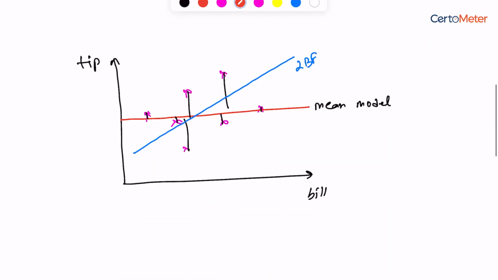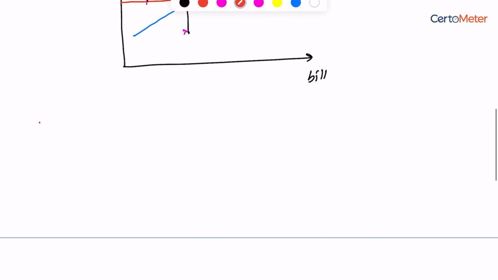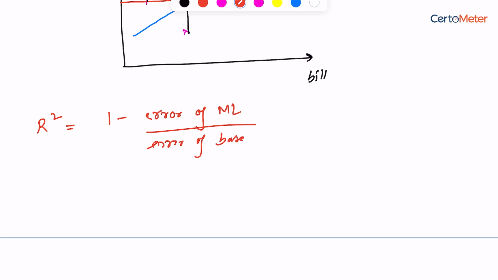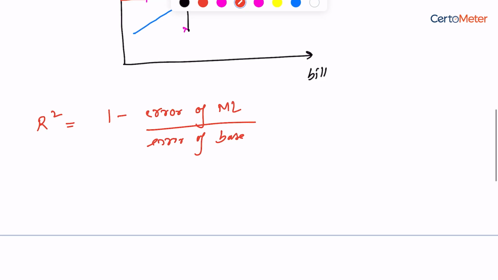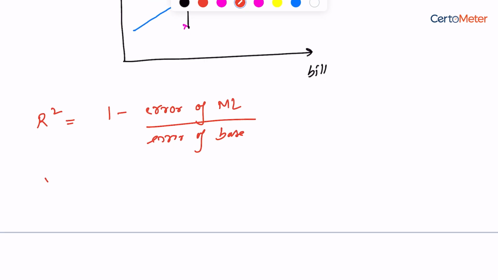Now one more thing you need to understand is, in my R square, let's say 1 minus error of ML model divided by error of base model. Now what happens is, whenever my input variables increase, if I keep on increasing my input variables, my R square will always increase. It is designed like this.